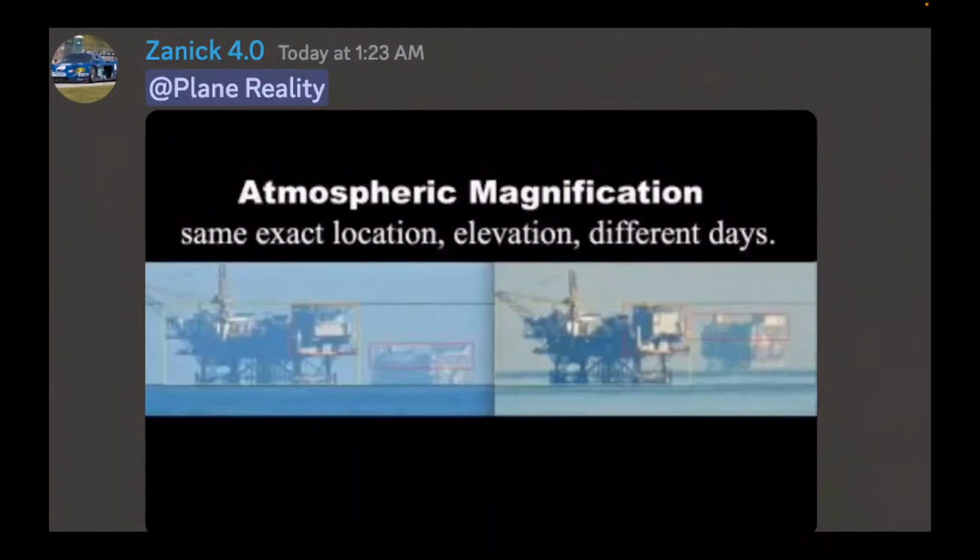Just as here, on the right-hand side, the horizon has now moved further away. So the distant oil rig has now appeared to rise up, which is not what has happened at all. All that's happened is the horizon has extended. And now that the horizon is extended to the point where it's at or beyond the oil rig, the far oil rig is at the highest point visually, which is the horizon, and the one in front of it is now lower because it's in front of the horizon.